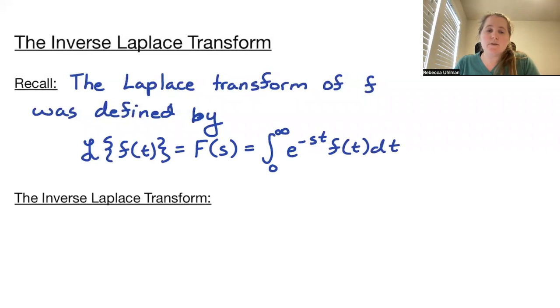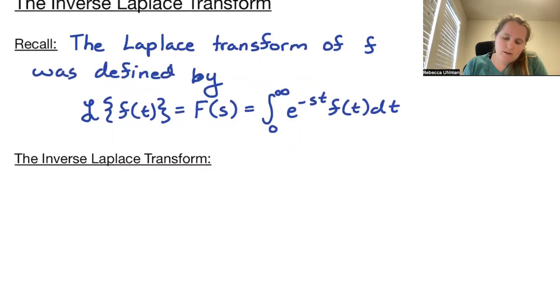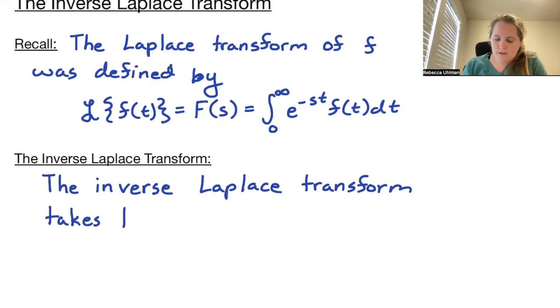The inverse Laplace transform essentially takes our capital F of s and takes it back to our lowercase f of t.